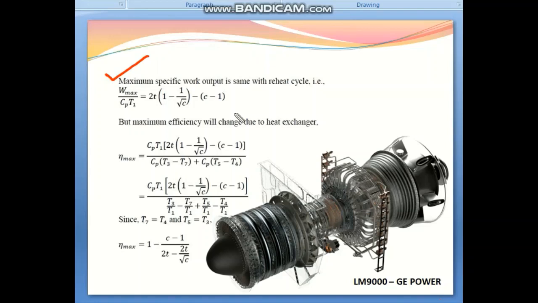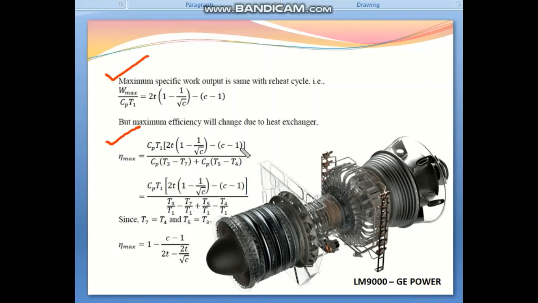Okay, so the maximum efficiency will change due to the heat exchanger. So the maximum efficiency becomes, this is the maximum work output. This is not the maximum specific work output. Since Cp and T1 are multiplied here, it's the maximum work output, not the maximum specific work output.